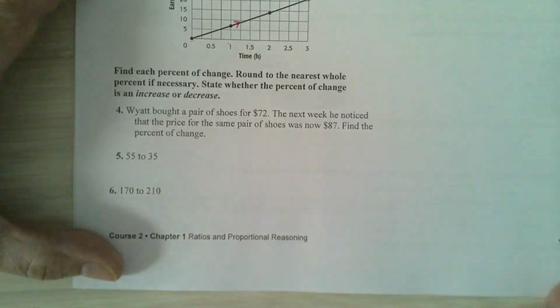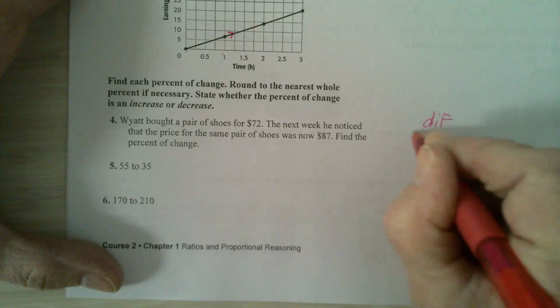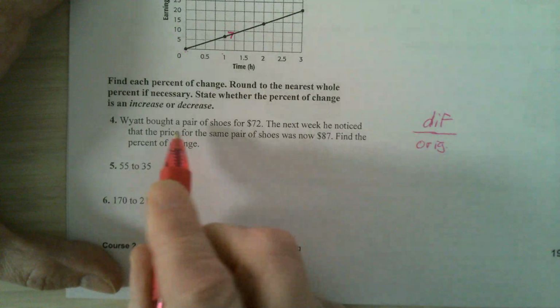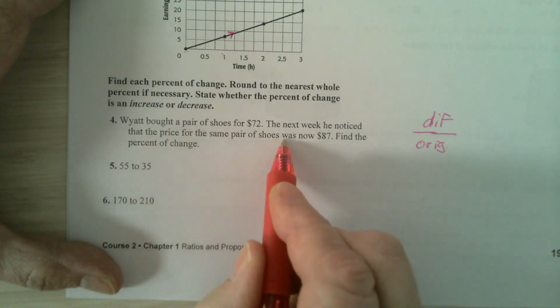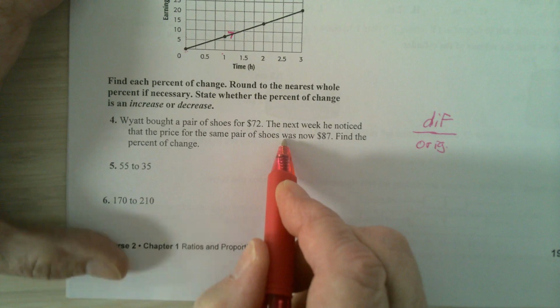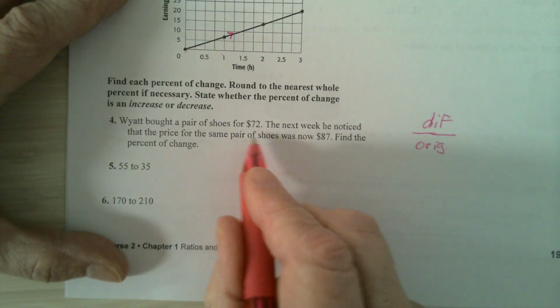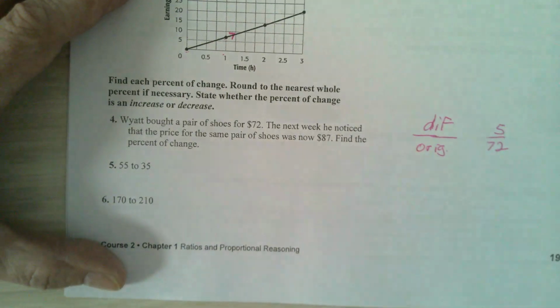Okay, you have to determine a percent of change. Difference over the original. Okay, so $72. It's now 87, so it's going to be an increase. 87 minus 72 is what? 5. And the original is 72.